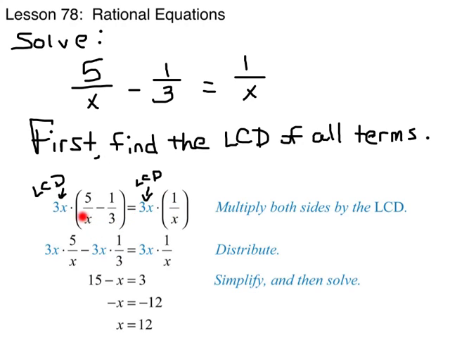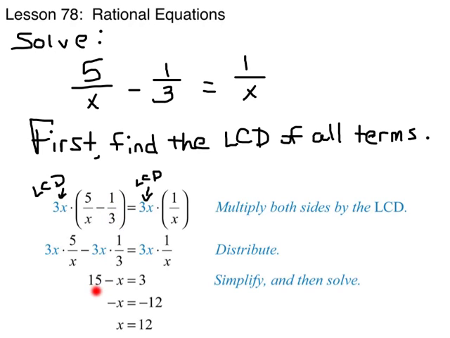Alright, well when I cross cancel here, I can cross cancel that x out of the way, and that just leaves me with the 3, and then if I cross cancel this 3 with that 3, that would leave me here with an x.